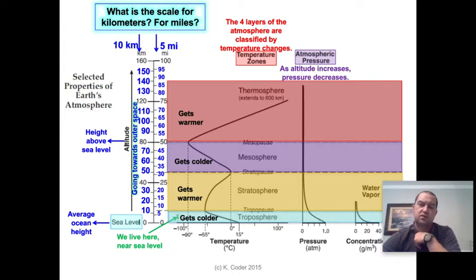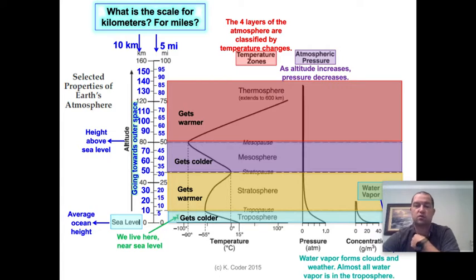Our next chart on the far right is water vapor. Water vapor is just a concentration of water, the mass of water in a given space, almost like the volume. Water vapor forms clouds and weather. Almost all water vapor is found in our lowest layer of the atmosphere, the troposphere.